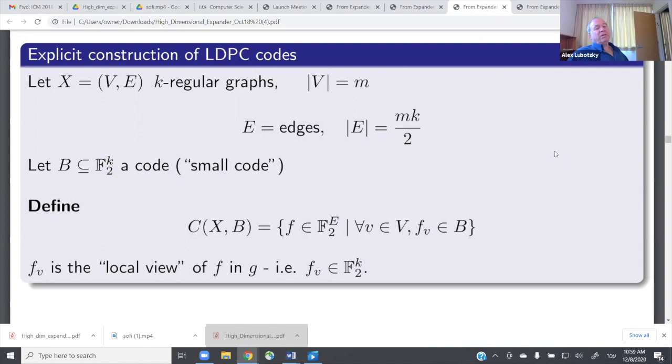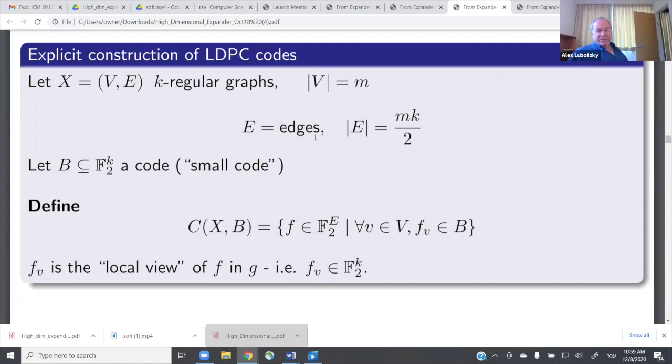Decoding is easy. That's not in the original paper. The linear time encoding and decoding is in a separate paper of Spielman. It's not in the Sipser-Spielman paper.